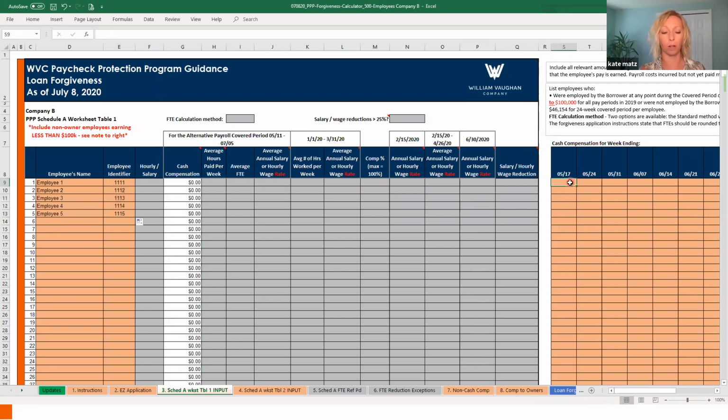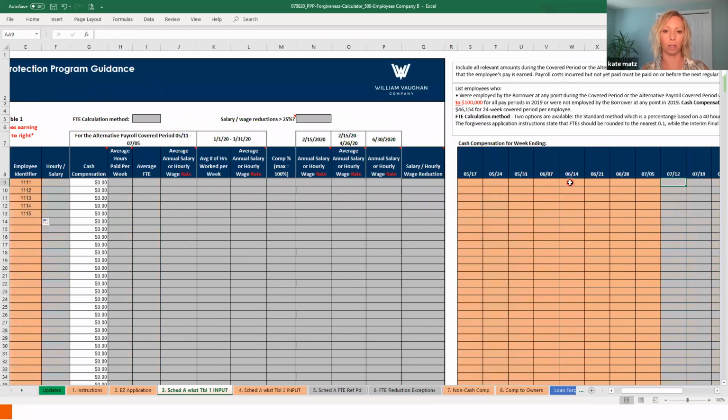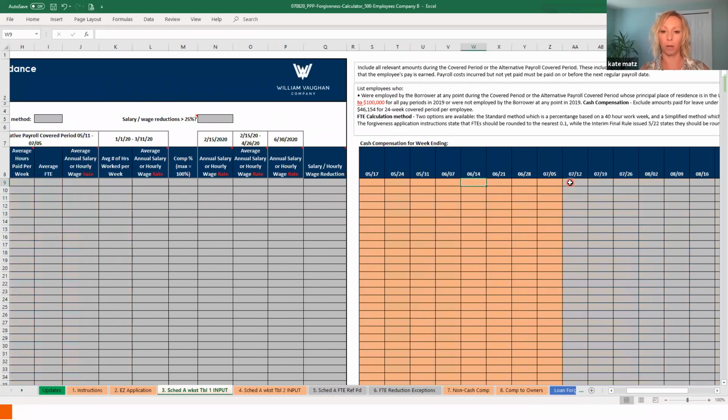We'll come over here to our salmon colored cells. And since we only have 8 weeks, let's go ahead and schedule in payroll for each week for these folks. So let's say we've got one that made $500 a week, another at $750, another $1,000, $1,250, and $1,500.